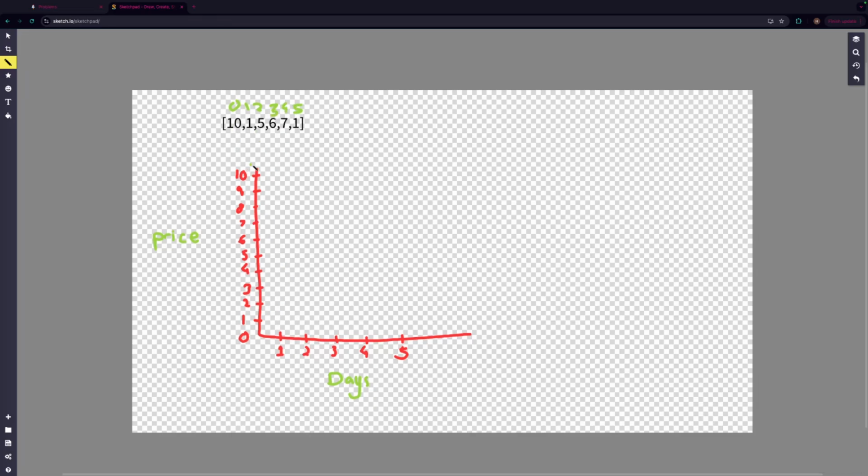So on day 0, we have 10. On day 1, we have 1. On day 2, we have 5. On day 3, we have 6. Day 4, we have 7. And then finally, day 5, we have 1.